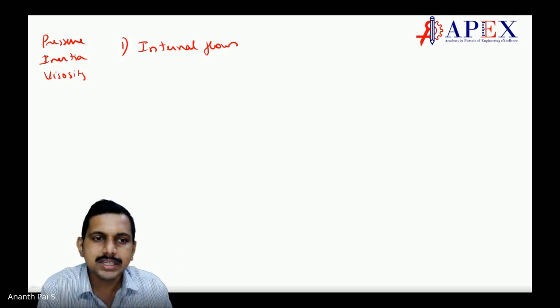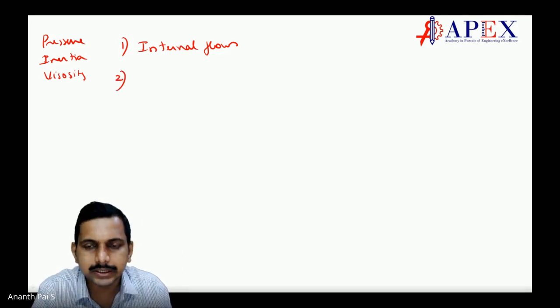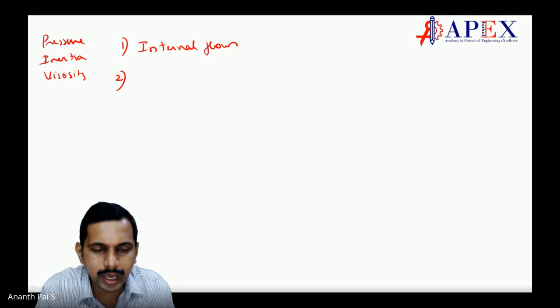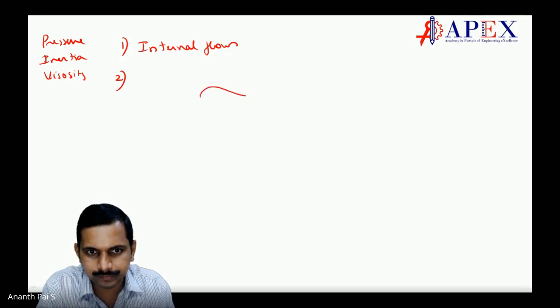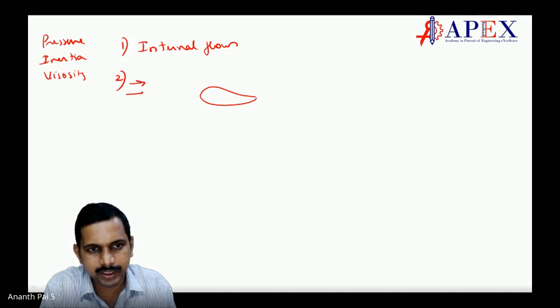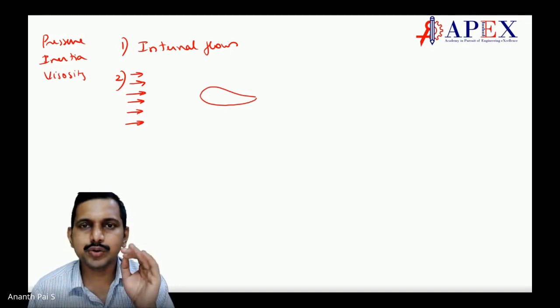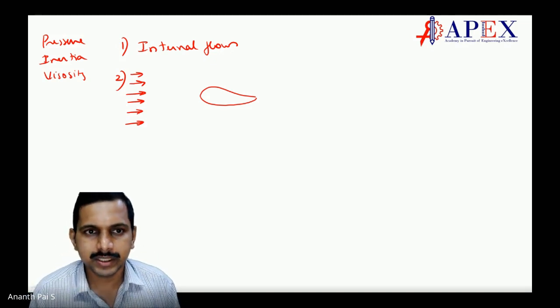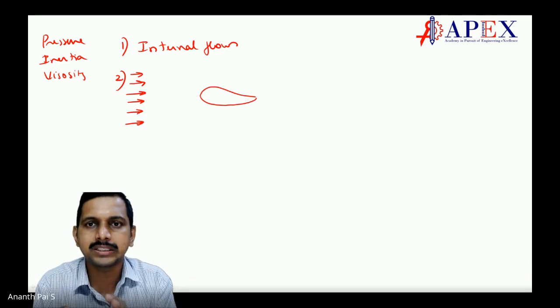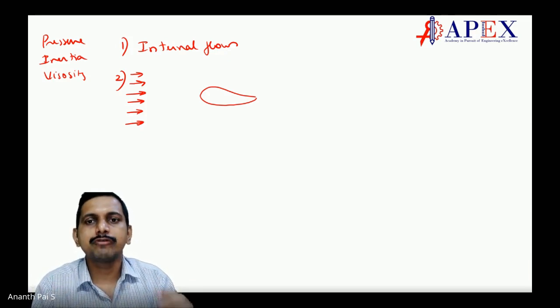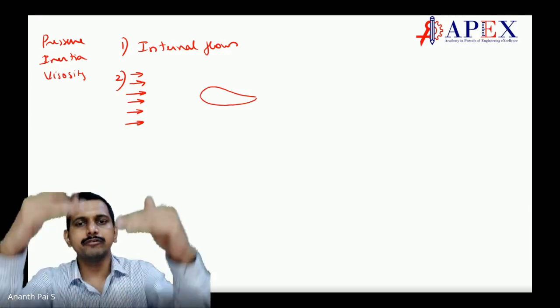Second type is, for example, if you have an airfoil and the flow which is coming. This happens in ISRO. Why I am making you do this is because the ISRO exam asks questions like this. They say Reynolds and Euler numbers can be used for model similarity in these cases. They will give you 4 options.